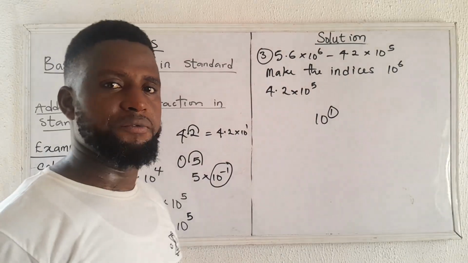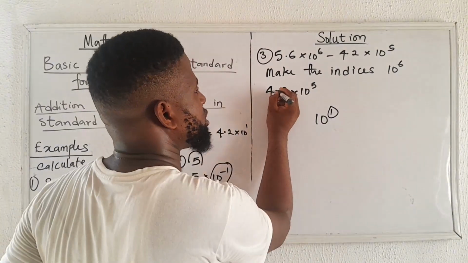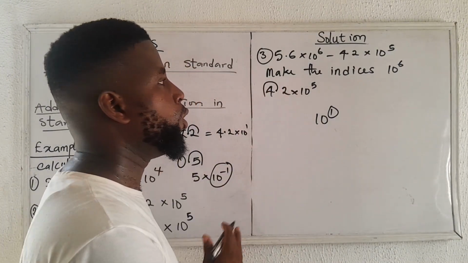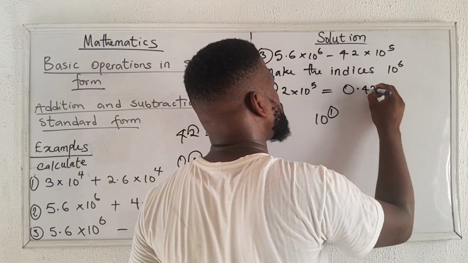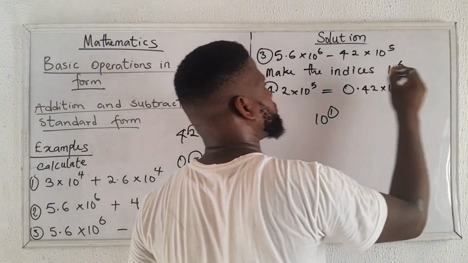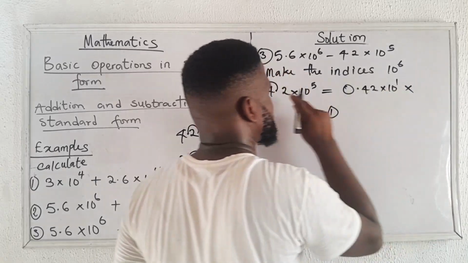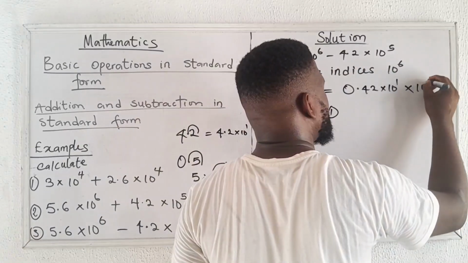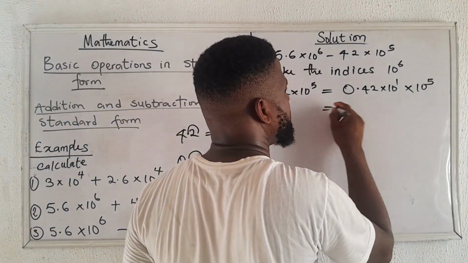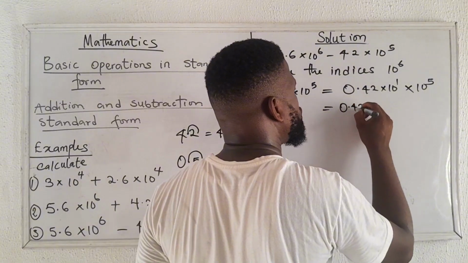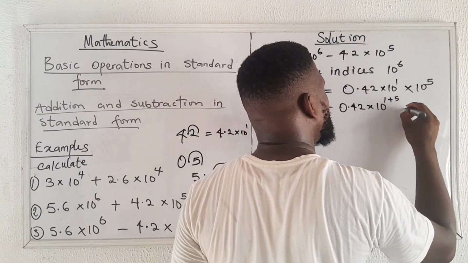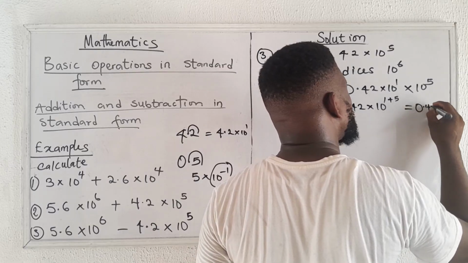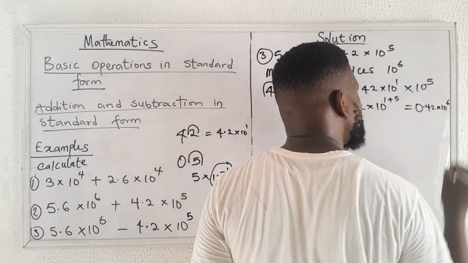And if it is positive, it is whole number, it means the place of my decimal number will move backward one time. So this will give me 0.42 times 10 raised to the power, it moved backward one time, then times this 10 raised to the power 5, right? So this will give me 0.42 times 10 raised to the power 1, according to indices plus 5, which is what? 0.42 times 10 raised to the power 6.